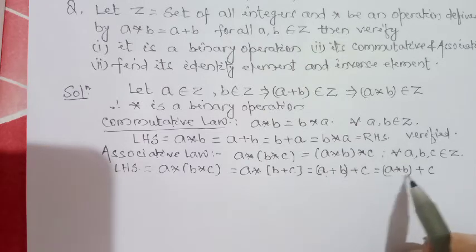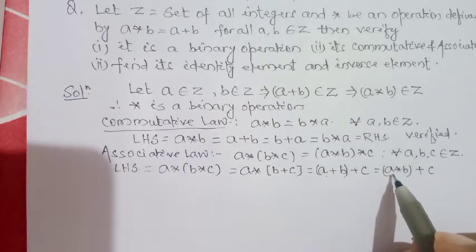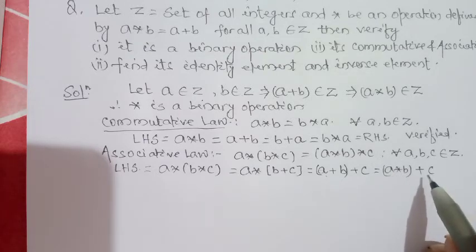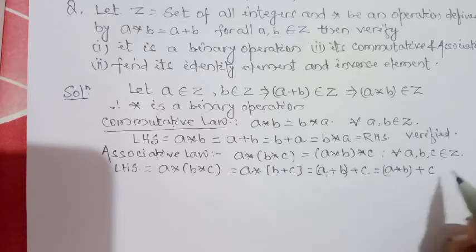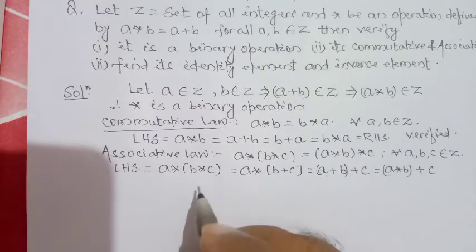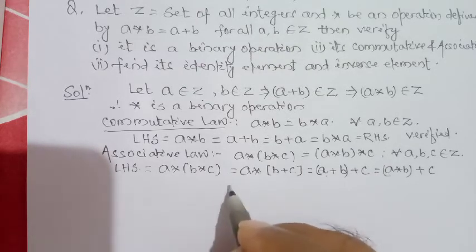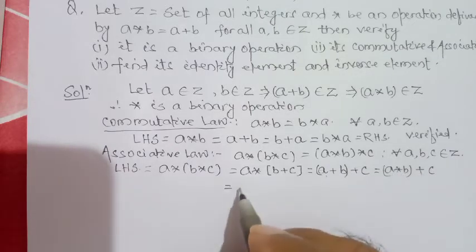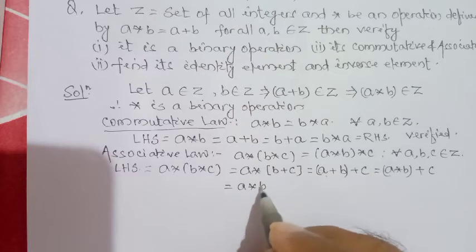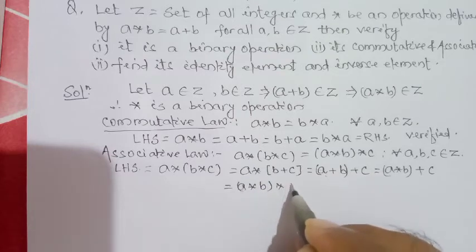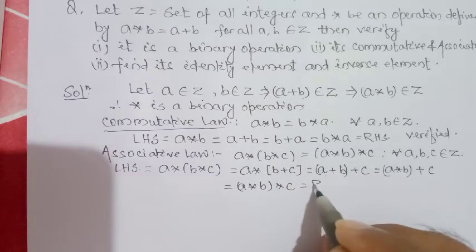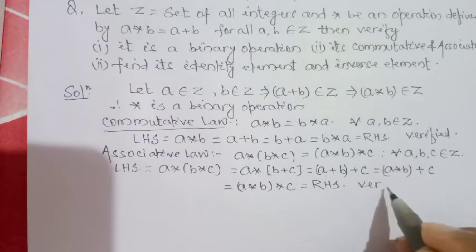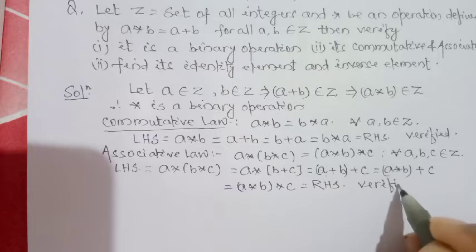Here instead of a star b, and instead of b we have c, so it should be written as (a star b) star c, which is RHS. So this law is again verified.